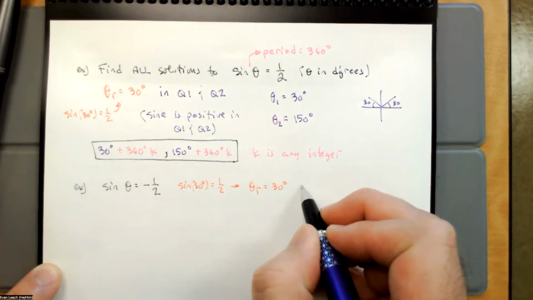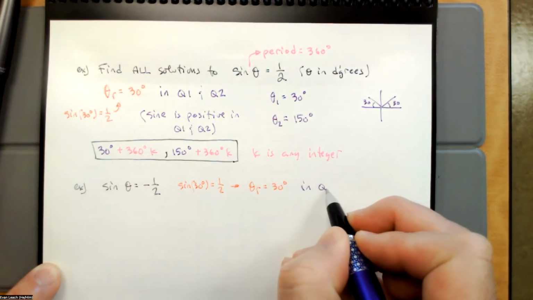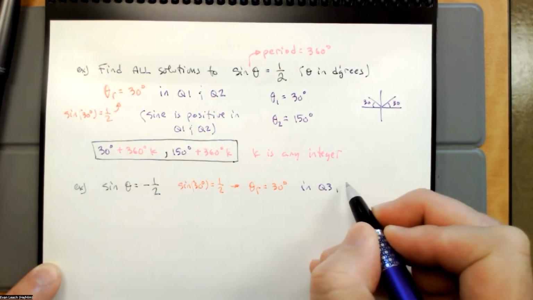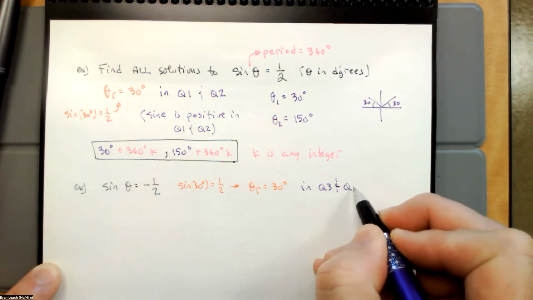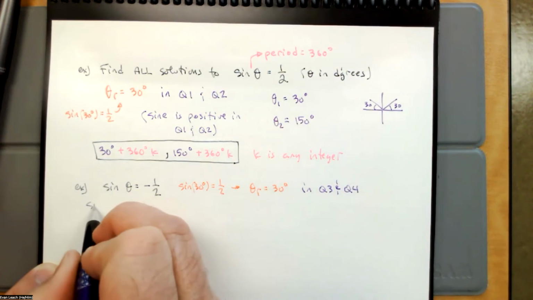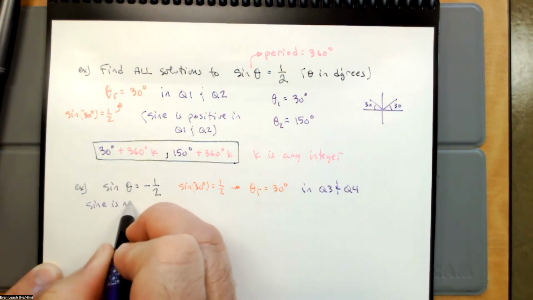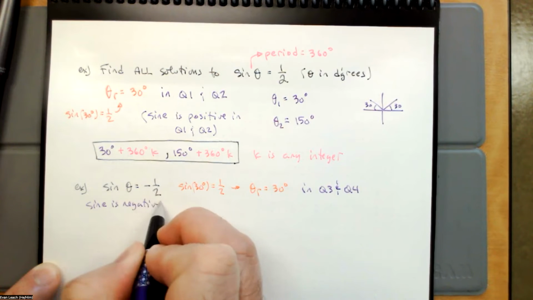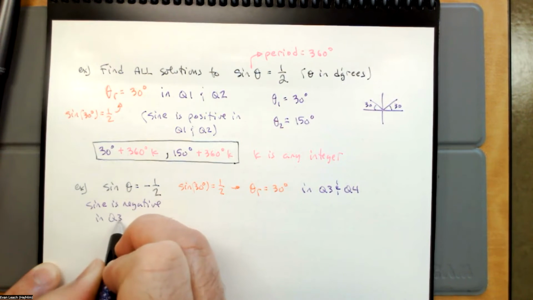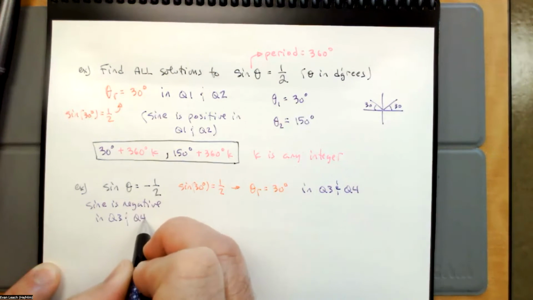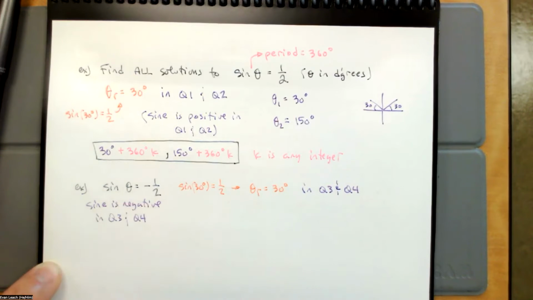So we'll put this in quadrant 3 and quadrant 4, since sine is negative in quadrant 3 and quadrant 4.